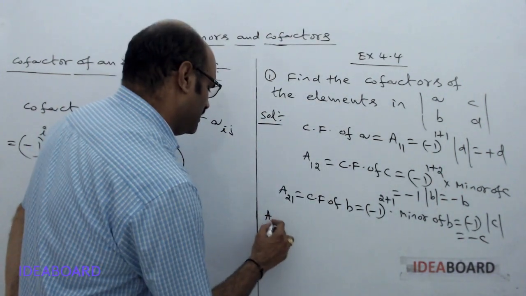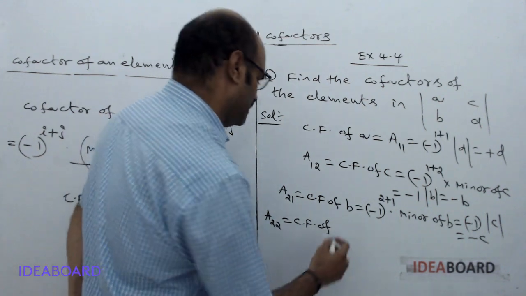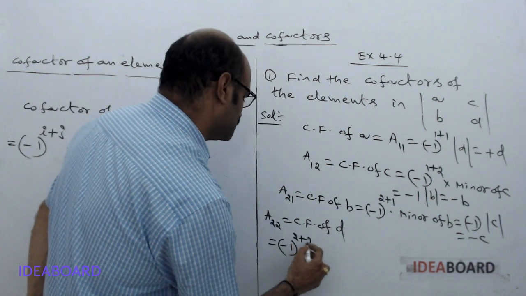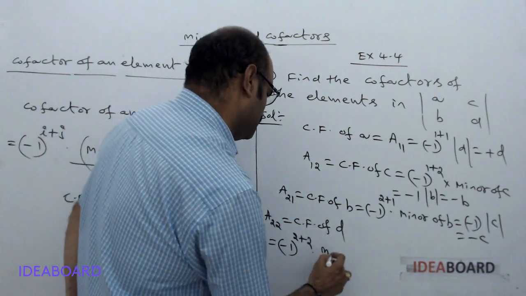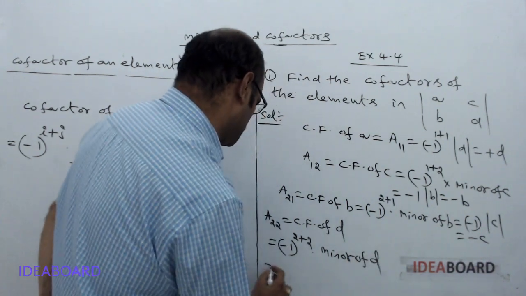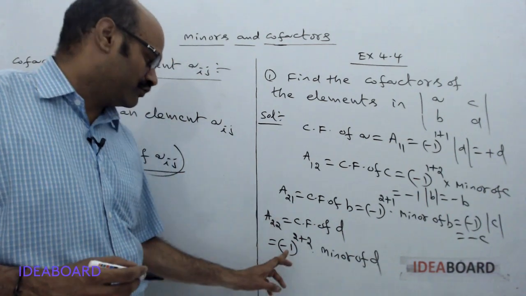Now A22 equals cofactor of D, equal to minus 1 whole power 2 plus 2 into minor of D, which equals minus 1 whole power 4.